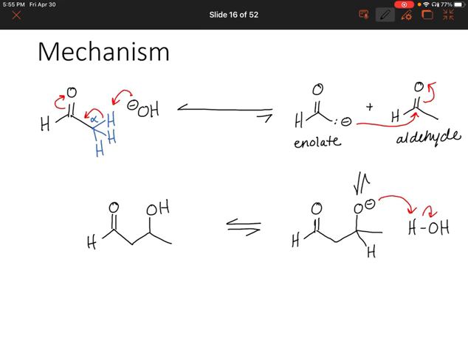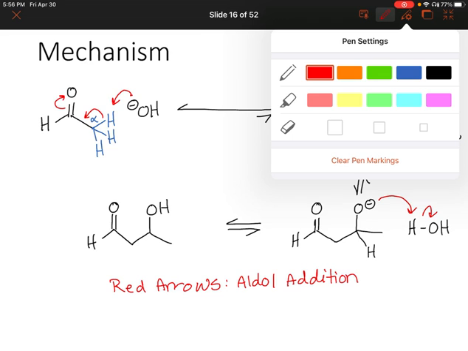So the red arrows that I was using for the forward reaction, that shows the mechanism for the aldol addition reaction. But we could just as easily show the reverse. So I'm going to use a different color for the reverse reaction. Let's use blue.